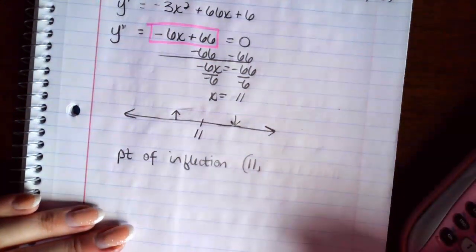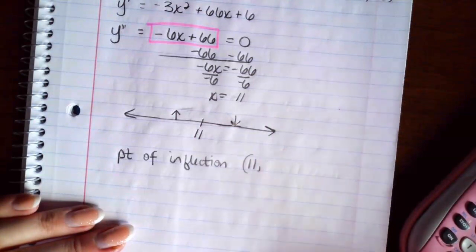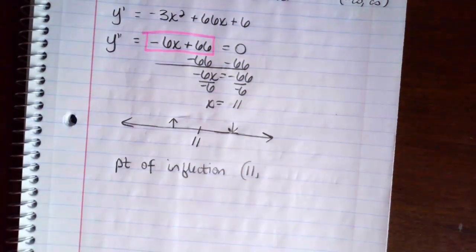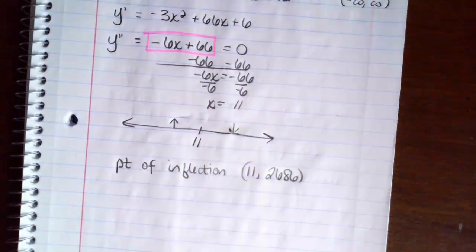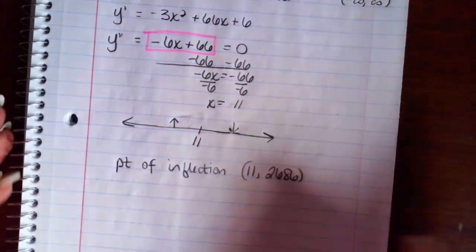So I have negative 11 cubed plus 33 times 11 squared plus 6 times 11 minus 42 gives me 2686. So that's my point of inflection. That's where it's going to change concavity.